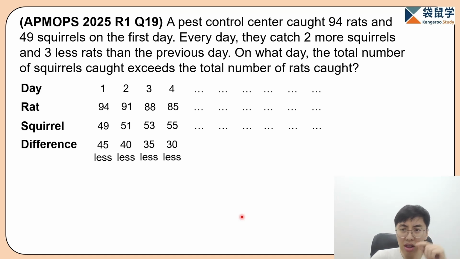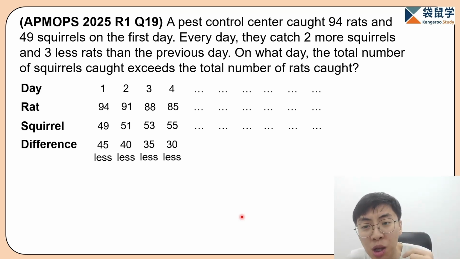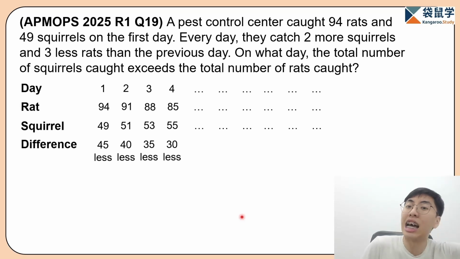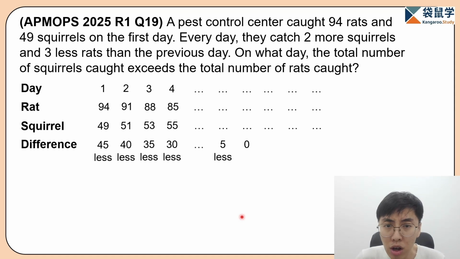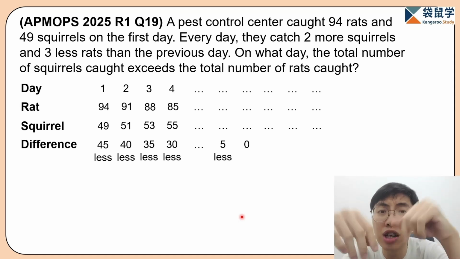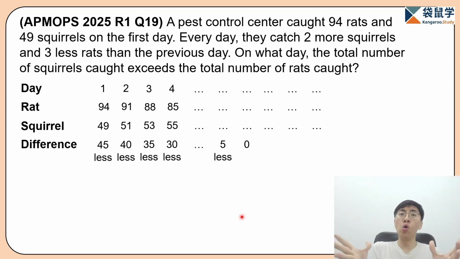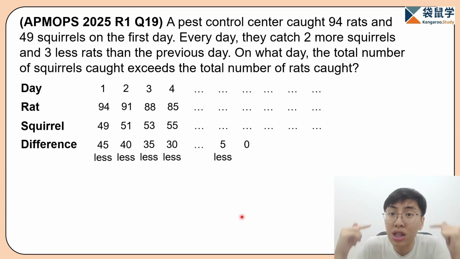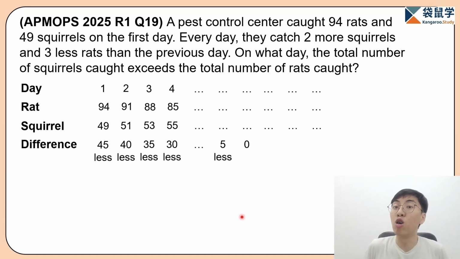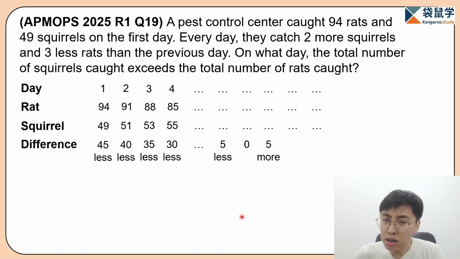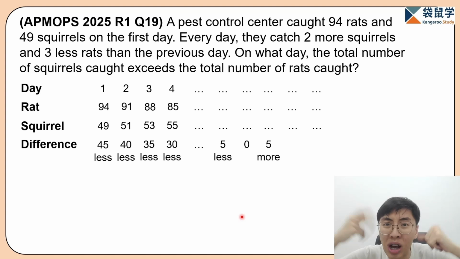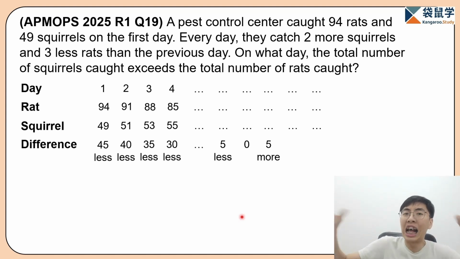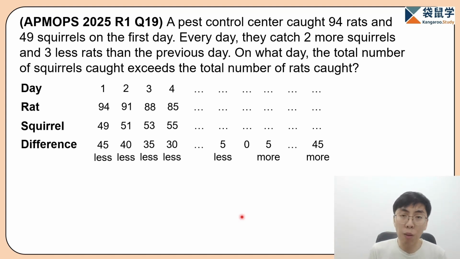Every day, the total number of squirrels is going to be 5 lesser than the rats, all the way onto 5 and 0. What happens after they reach 0 then? You realize that the number of squirrels will now be more than those of our rats. Next one, 5 more, 10 more, 15 more, and so on, all the way until 45 more.